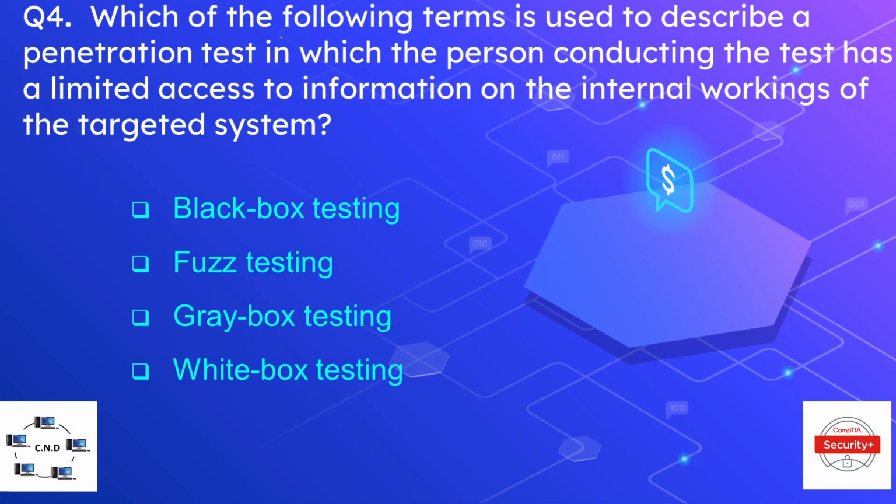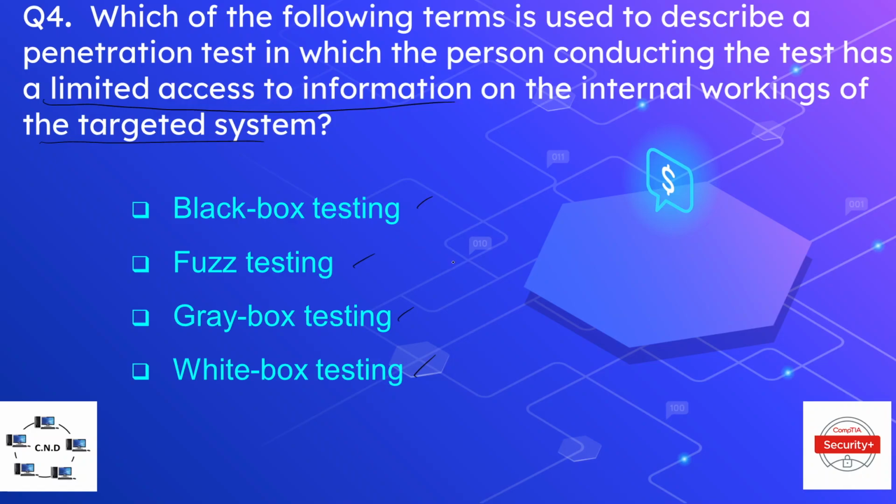Question number four is which of the following terms is used to describe a penetration test in which the person conducting the test has limited access to information on the internal workings of the targeted system? The options are black box testing, fuzz testing, gray box testing, and white box testing.